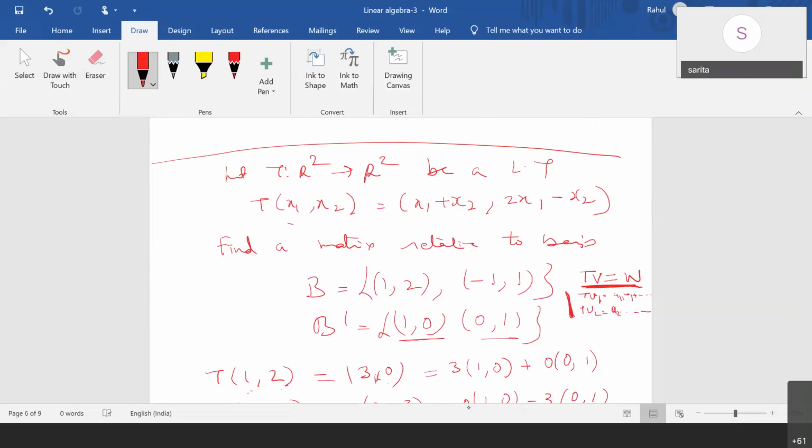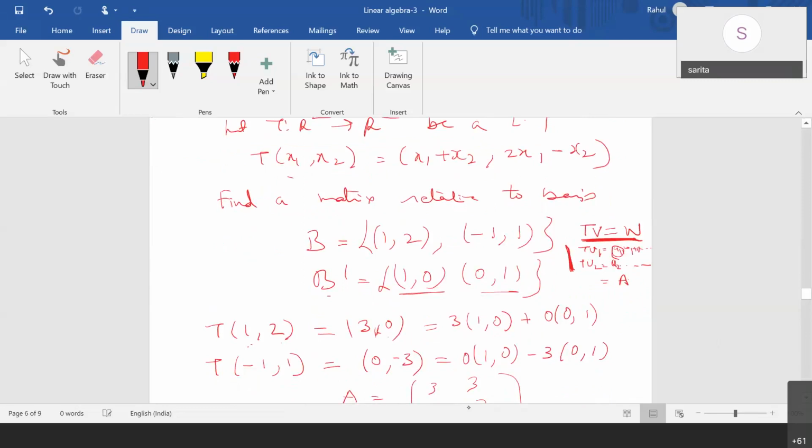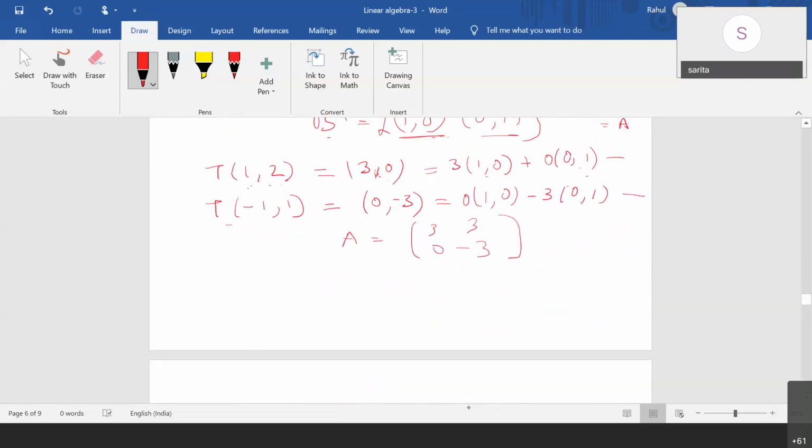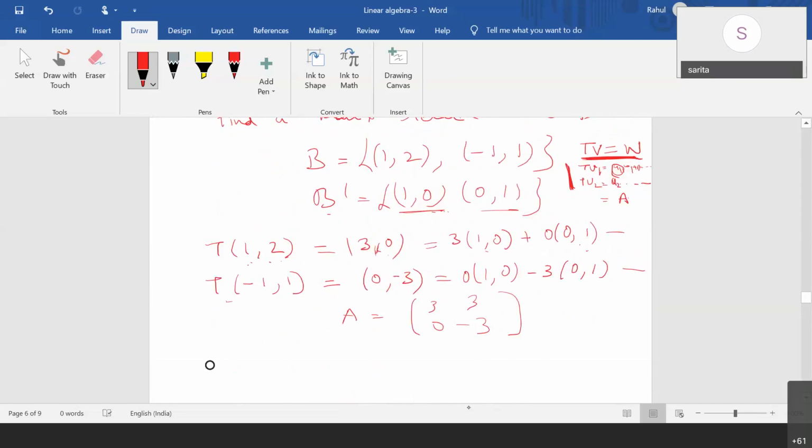If you know this, then you know that these scalars actually make a matrix A. Now, the question is saying that with respect to these basis functions, B is in V and B dash is in your W. So you are writing TV1 as a linear combination of basis functions in W, and again TV2 as a linear combination of the basis functions in W. Now, the coefficients of these will make a matrix A, and therefore this becomes the matrix.